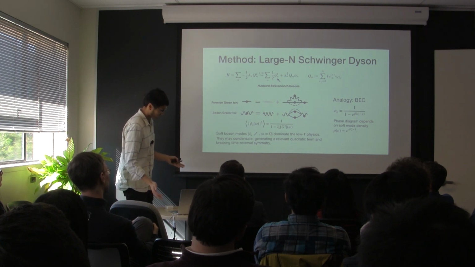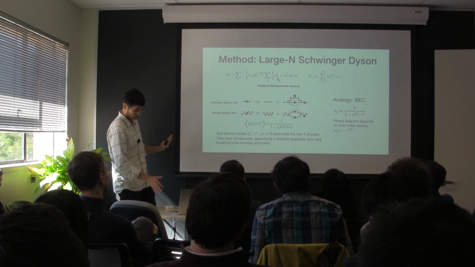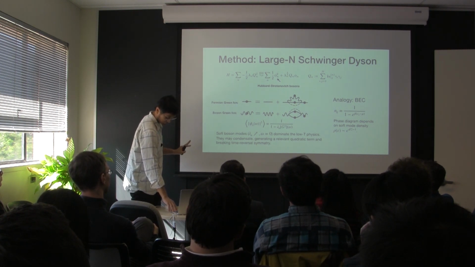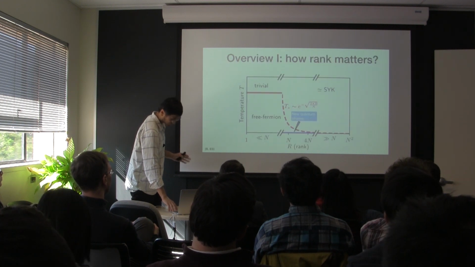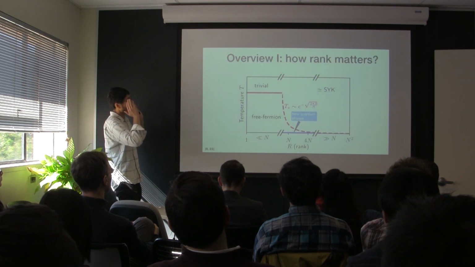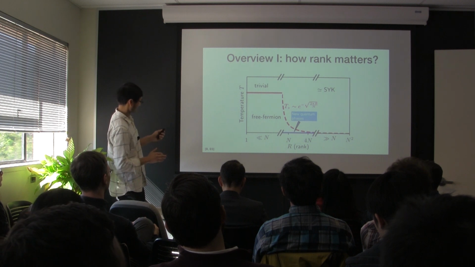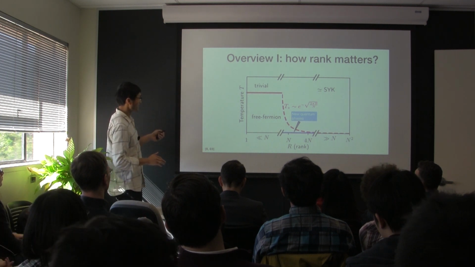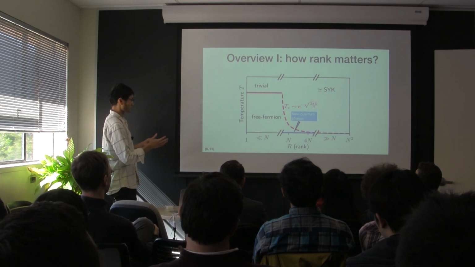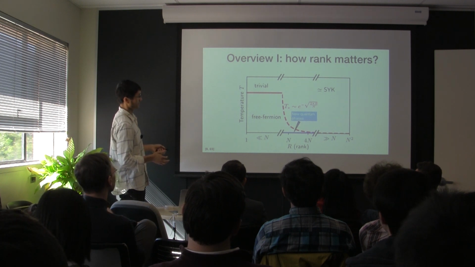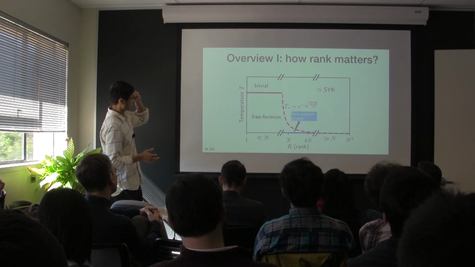So now let me show you the main results, since these methods are quite straightforward. First, how does the rank matter? This has been partially figured out in these earlier papers that I quoted. Let me start from super-extensive.